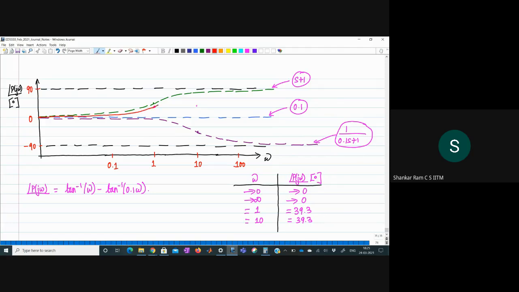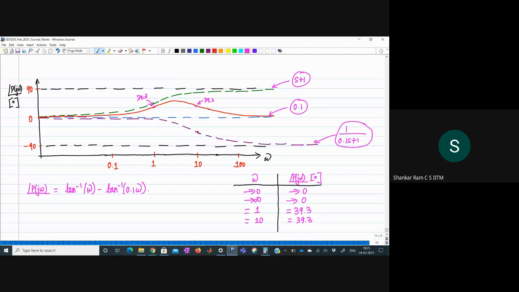Okay, it will reach a maximum in between the two corner frequencies, and at the two corner frequencies, it will have a value of 39.3. Okay, here also it's 39.3. Okay, and at this point also it has a value of 39.3.